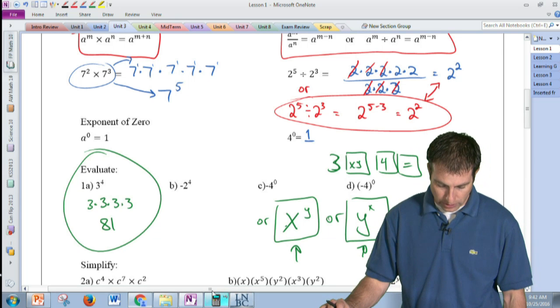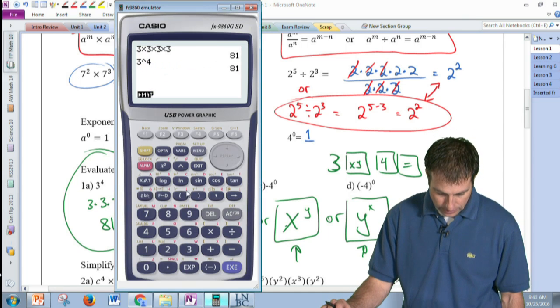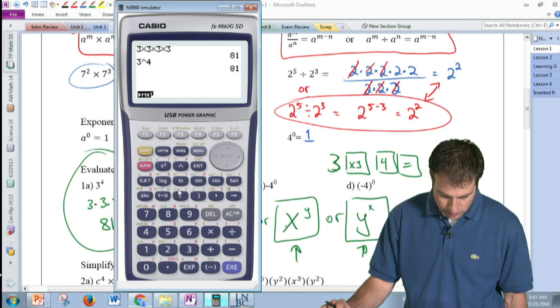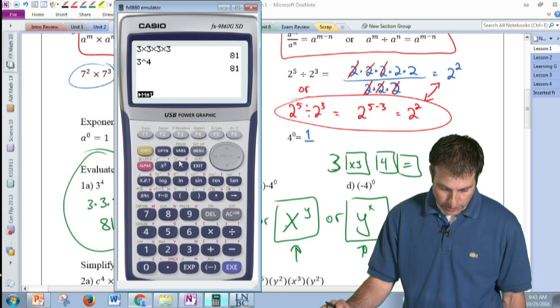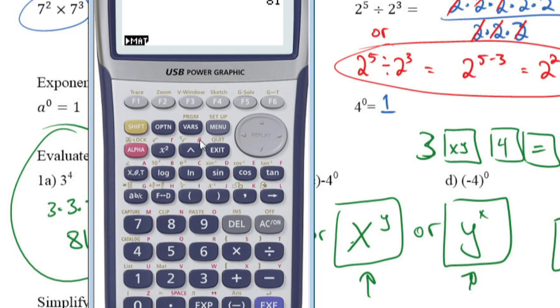With the calculator I have here, my FX90, you can see it right here. It's a little X with the square root next to it. So there you go. Not everybody has the cube root.